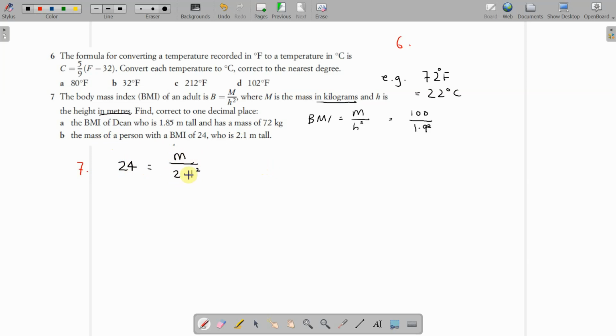Since fractions are dividing and we've got to clear all this up, what I do is 24 divided by 2.1 squared, which should give you what the mass is.